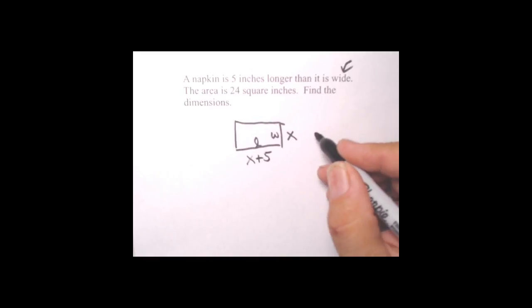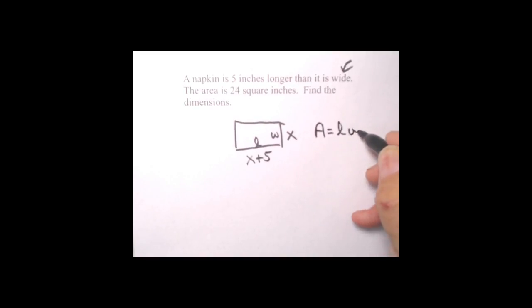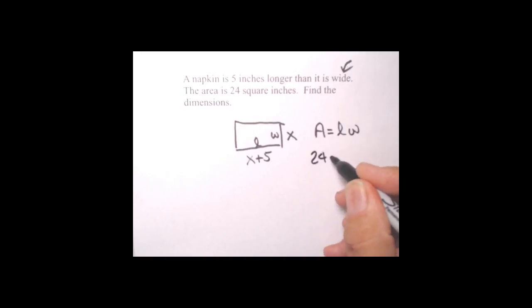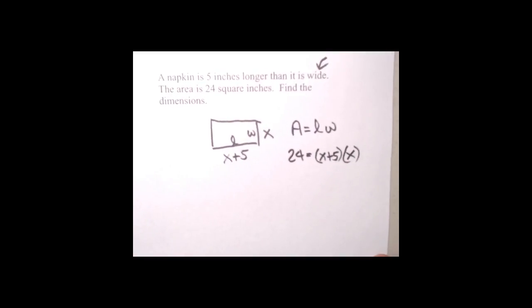Now, once again, our formula is A equals length times the width. They tell us the area is 24 square inches. Okay, we have for the length X plus 5, and for the width, we have X. Now, what I'm going to do is multiply this in.